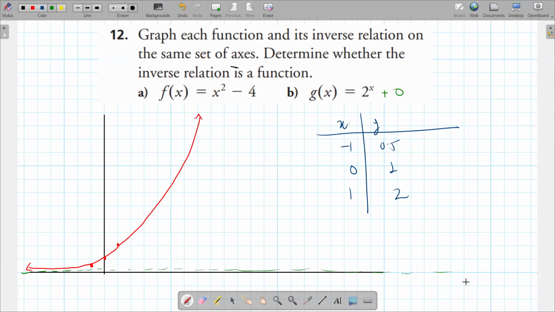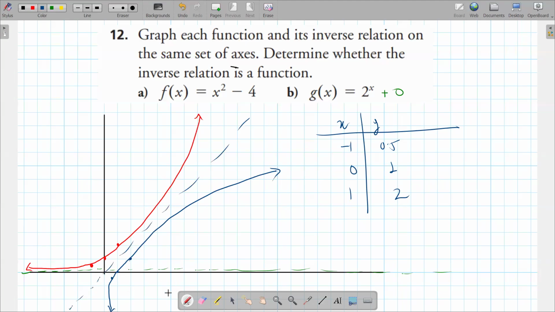What are some of the points on the inverse function? 0.5, -1, and then 1, 0, and 2, 1. So it ended up looking something like this. Again, remember, it's a reflection, so it should be a mirror image around this line.